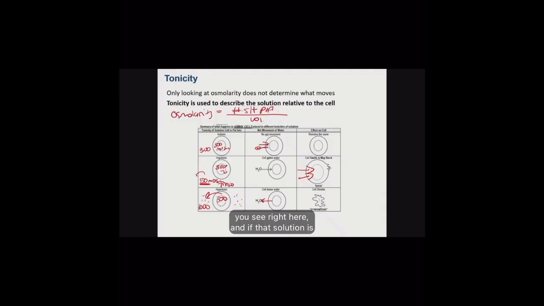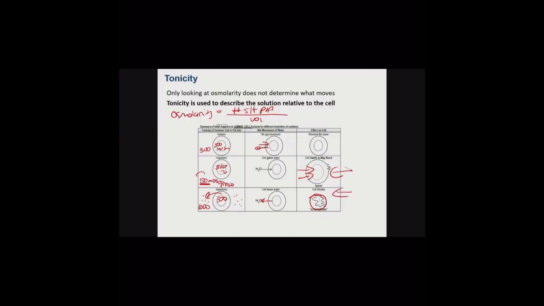And if that solution is too hypertonic, like 1,000 milliosmolar, which is salt water, that's pretty hypertonic, then all of the water of that cell is going to come out, and we end up with crenation. Crenation is when all of the water leaves the cell and the cell ends up with just the things that couldn't cross that cell membrane. If it's a red blood cell, it will be hemoglobin. In both cases, the cell dies. If it bursts, it dies. If it crenates, it dies.